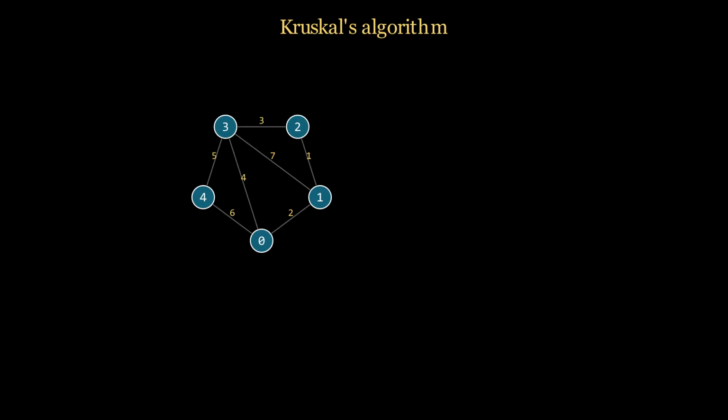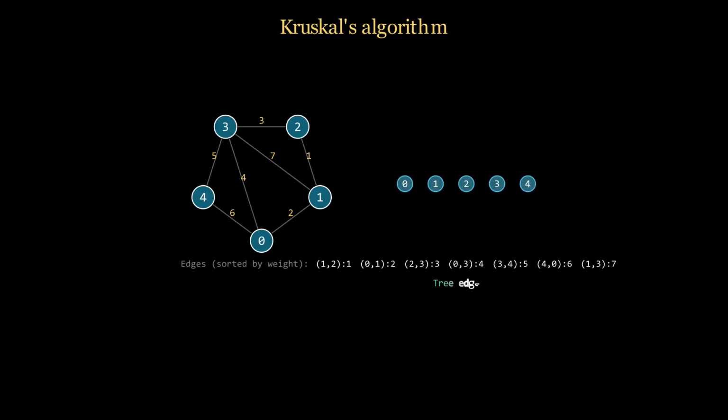We'll build a minimum spanning tree with Kruskal's algorithm. Edges are sorted by weight, we process them one by one, add if they connect different components, skip if they would form a cycle. Union find tracks the components. Edge 1-2 weight 1, different components, so we add it.